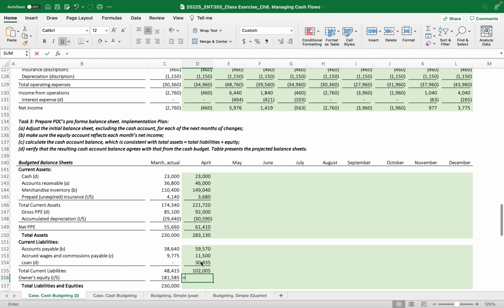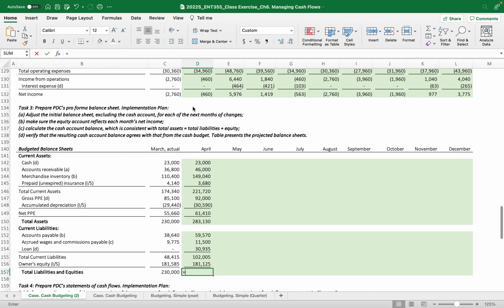And then owner's equity should now be increased or decreased by the net income or loss of the current month, or the cumulative retained earnings. So 181, and then total liabilities and equity should be the sum of those.